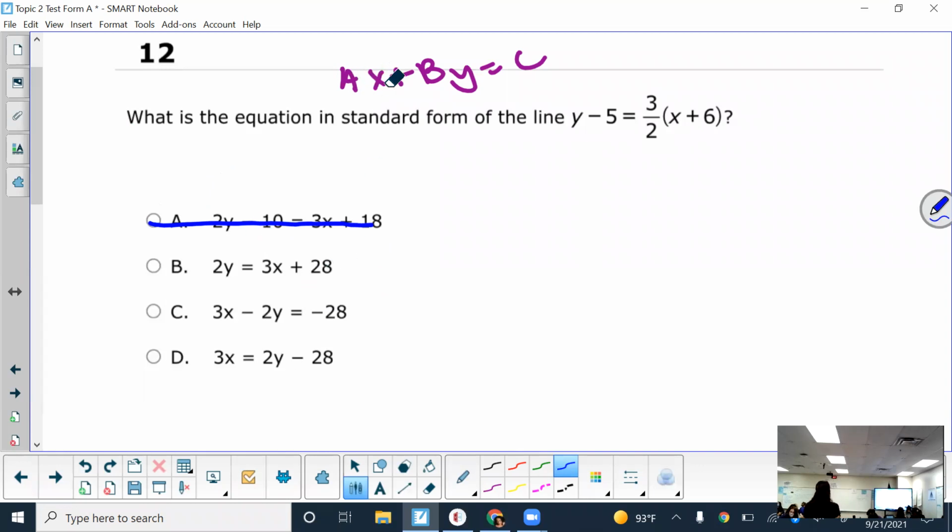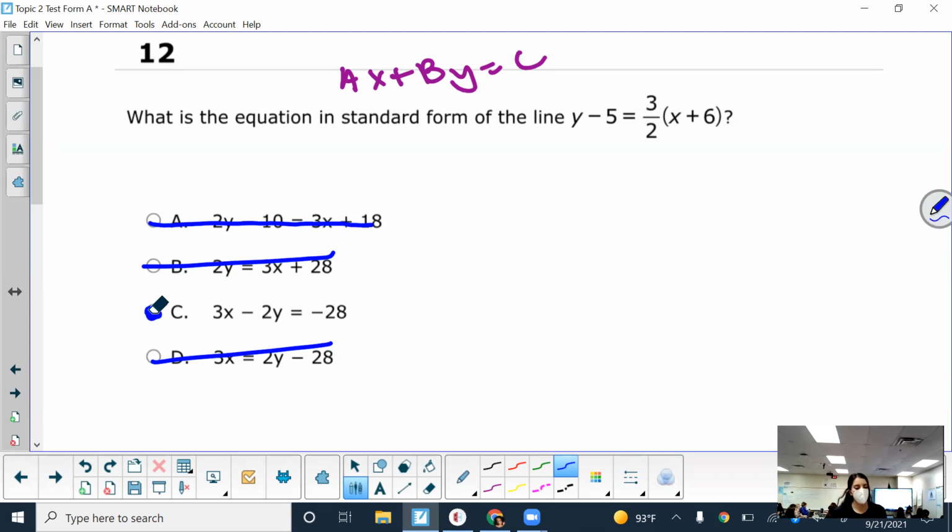Yeah, because for standard form, the X and Y should be on the same side, right? So can't be B. Can it be D? Because again, X and Y aren't on the same side. So for this one, you actually didn't have to do any work. Could have just looked at it and known standard form is AX plus BY equals C.